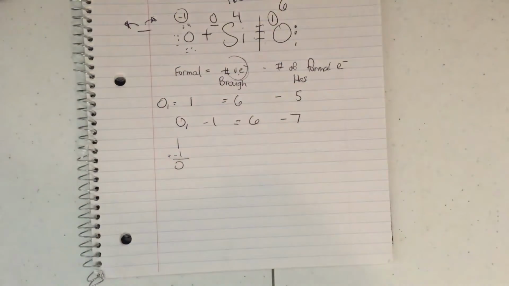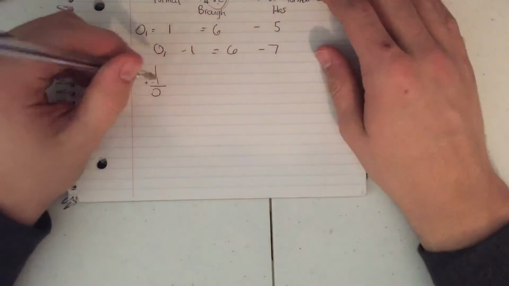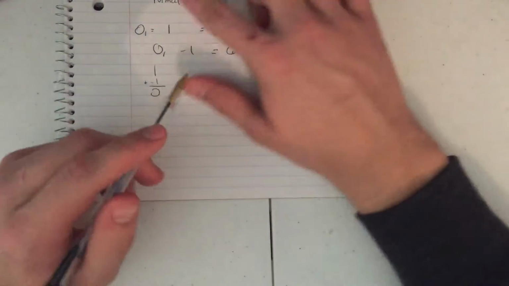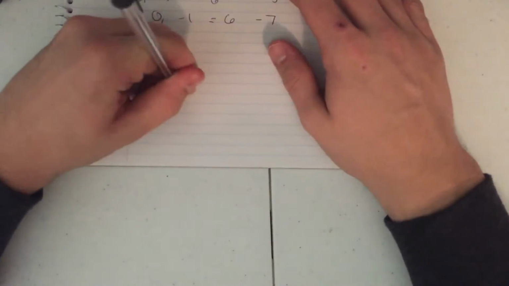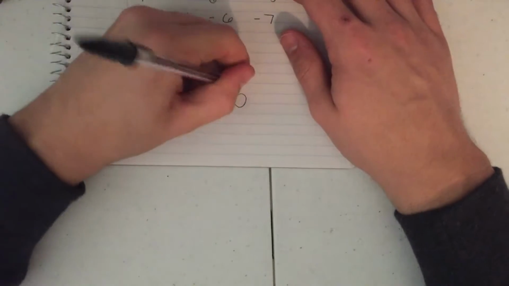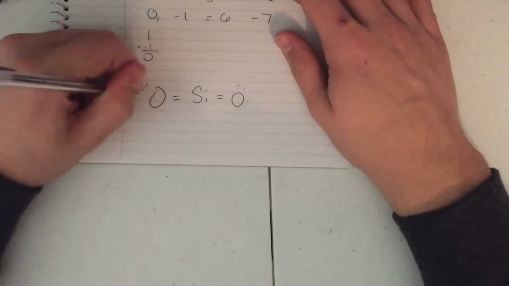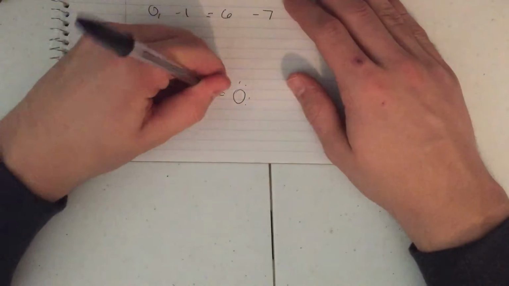Basically what formal charge is used for is to find out what structure would be best. So to do that, we're going to look at this structure. Right here's formal charge, and I'm just going to draw it right down here. So we have an O, double bond Si, double bond O, with two lone pairs on each oxygen. Okay, so we're going to look at the formal charge.